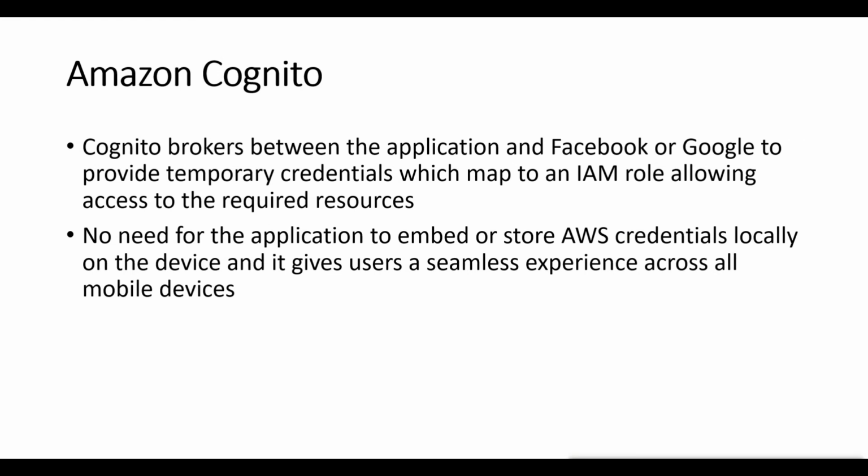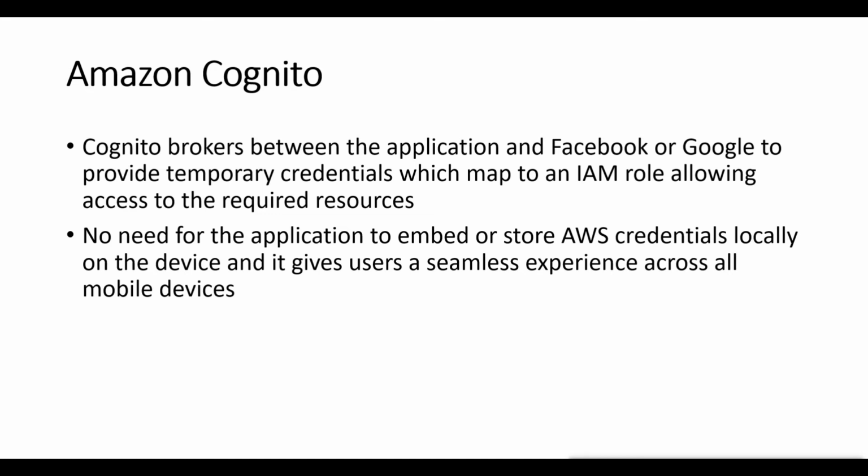So Amazon Cognito brokers between the application and Facebook or Google to provide temporary credentials which map to an IAM role, allowing access to the required resources. No need for the application to embed or store AWS credentials locally on the device, and it gives users a seamless experience across all mobile devices.